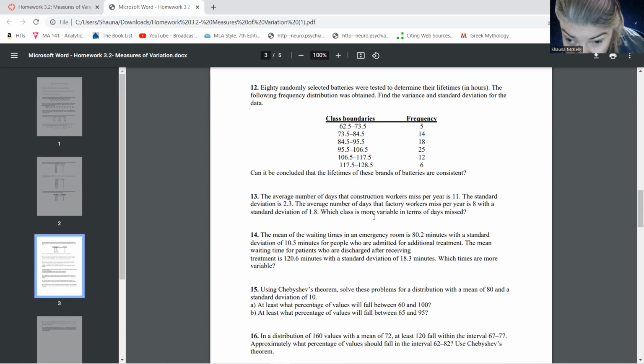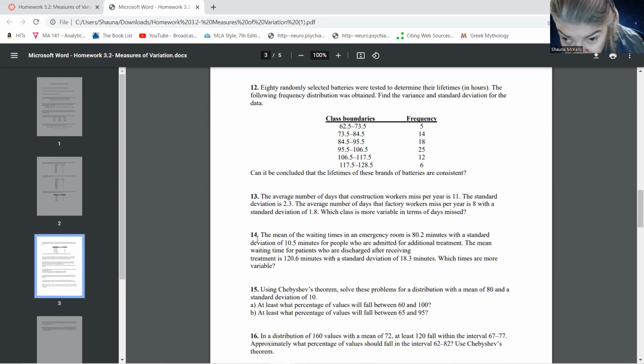Now, 13 and 14 use the coefficient of variation formula. So remember that's your standard deviation divided by your mean.